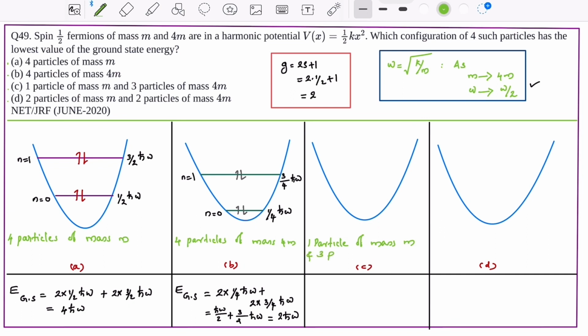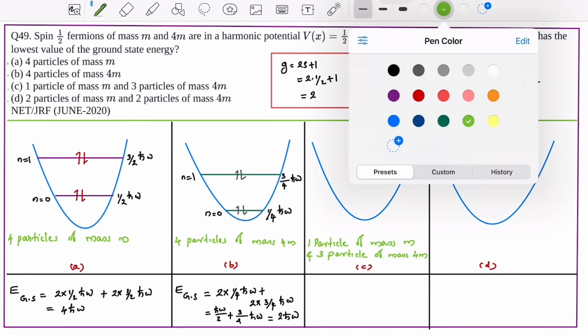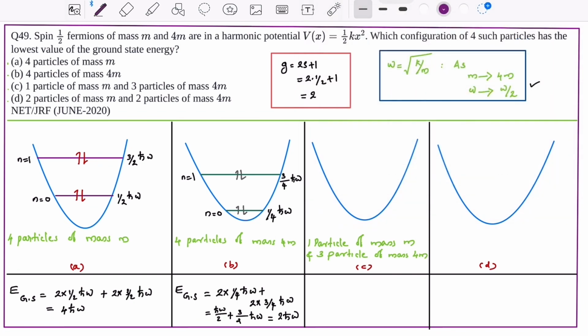Now in option C, you have 1 particle of mass m and 3 particles of mass 4m. See, the energy of the 1 particle of mass m is nothing but half h cross omega, whereas you have 3 particles of mass 4m.